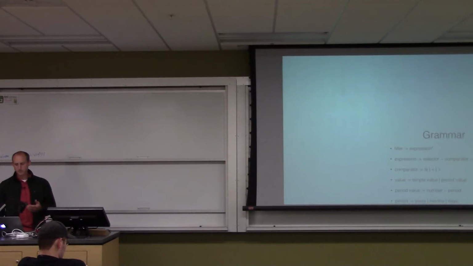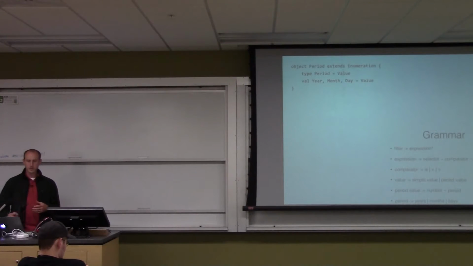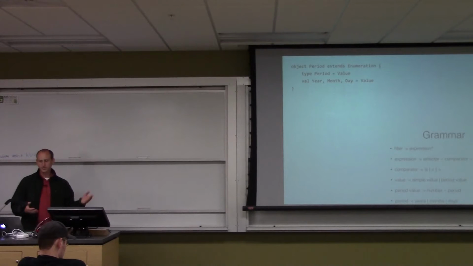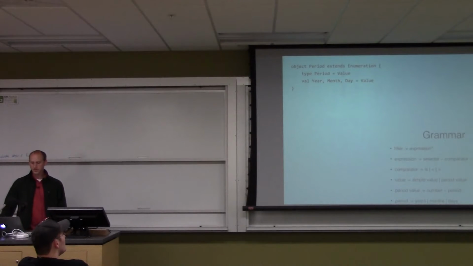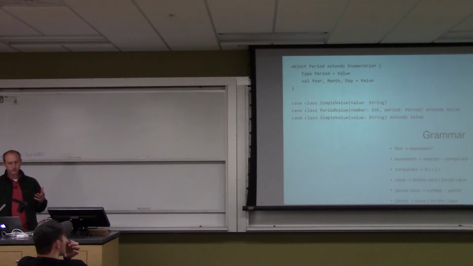That can give some semantics to it. We'll start with period, and a period can be years, months, or days. I think that's a great opportunity to use an enumeration. And then we have our different values. Our simple value is just a string.